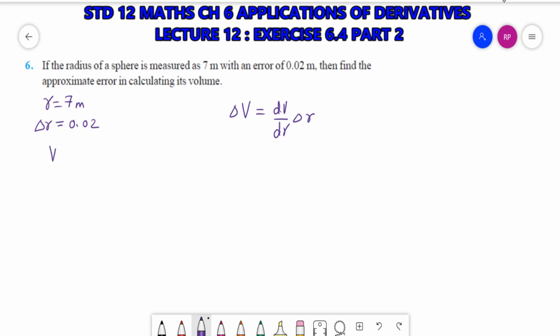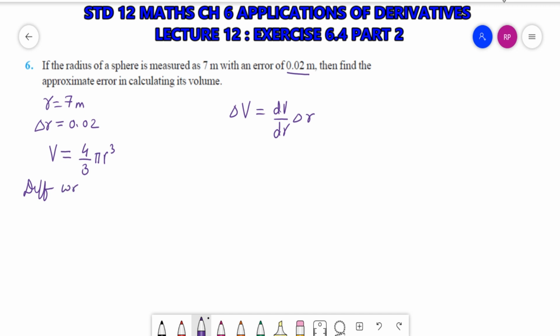What is the formula for volume of a sphere? 4 by 3 pi r cube. So now we need to differentiate with respect to r because the error is in radius.